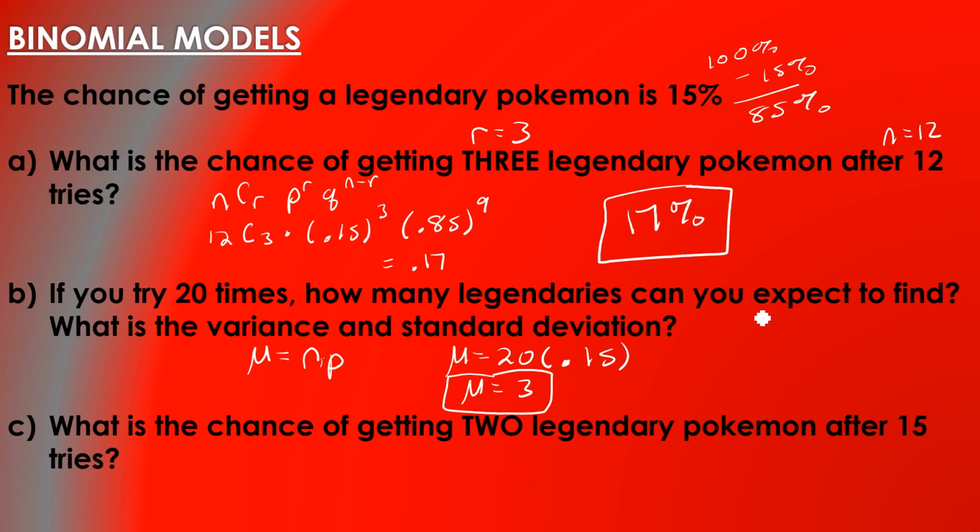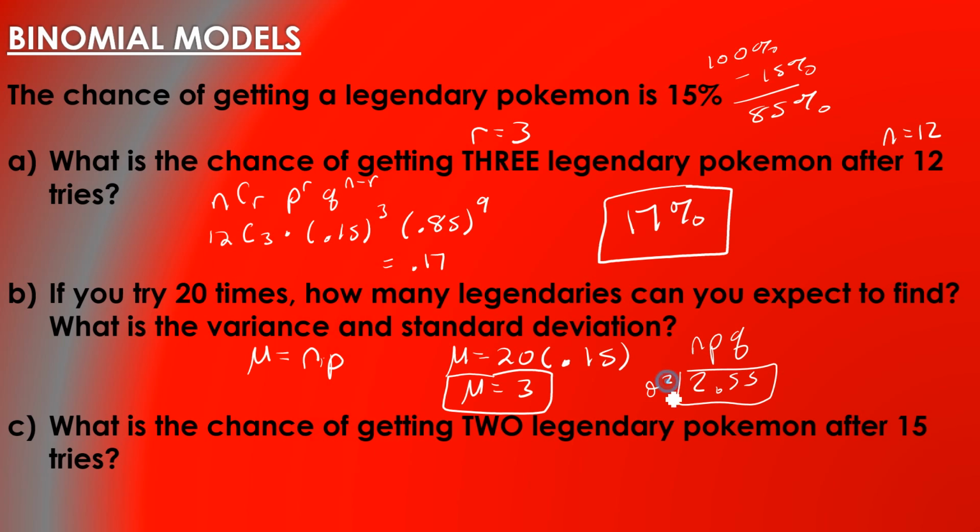It asks then for the variance and standard deviation. So variance is NPQ. So I basically am just going to take my mean and multiply by the chance of failure. And I get 2.55.